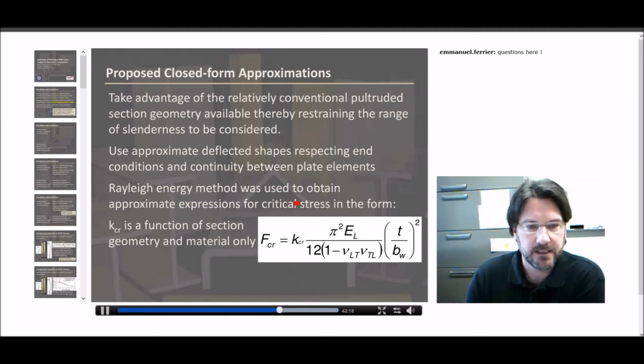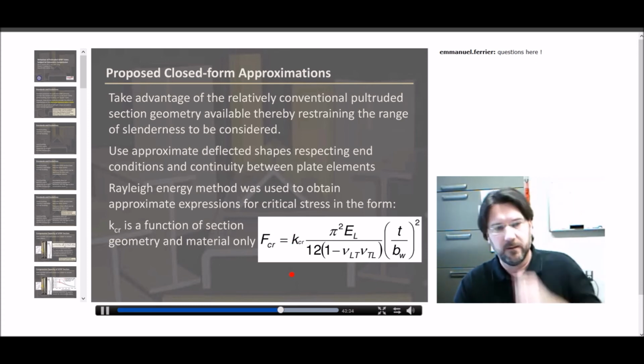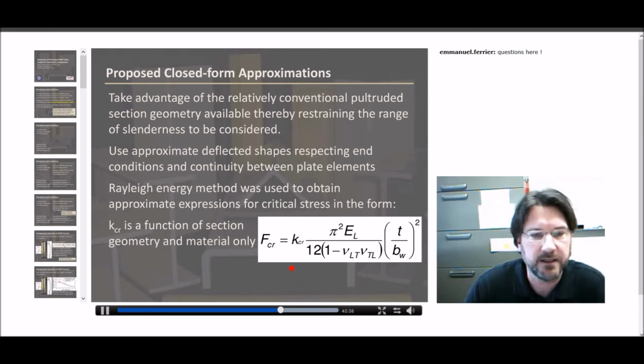Using energy methods, we obtained approximate expressions for the critical stress in a form that's familiar to most people dealing with buckling stresses. And so we have our plate geometry and then a factor associated with the conditions in situ. And K critical then is a function only of the section geometry and the materials.